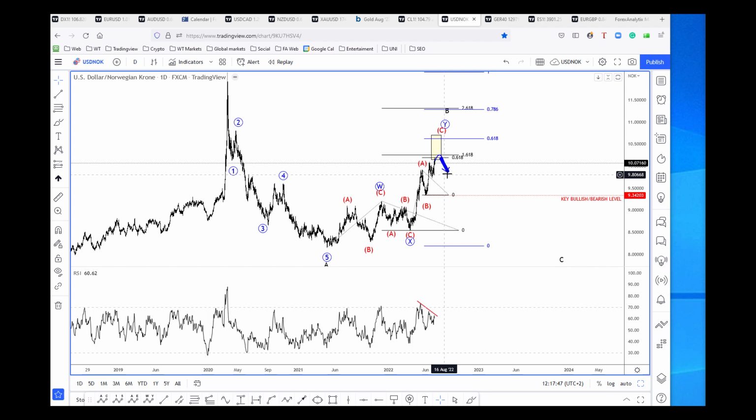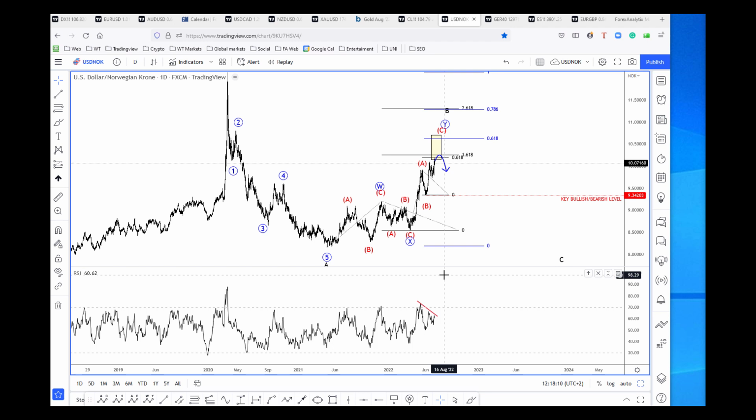But again, of course, I want to see a 5-wave drop to make sure that the low is in place. So far, this looks promising. We also have some RSI divergence, but again, we need to see confirmation from the price action itself about the potential turn. For now, obviously, this is still an uptrend.